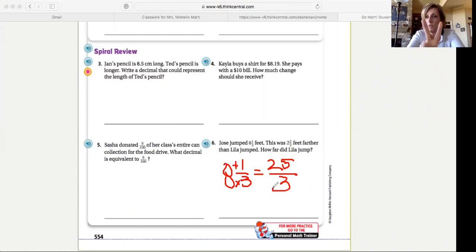The second step that you have to do before you can subtract mixed numbers or fractions is to make sure that the denominators are the same. You don't have to worry about that step here because, as you can see from these two mixed numbers here, they are both thirds.